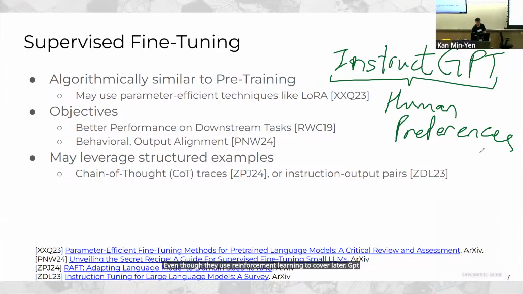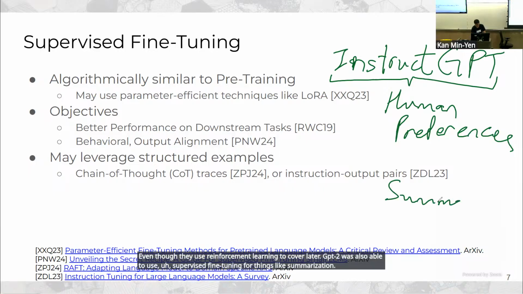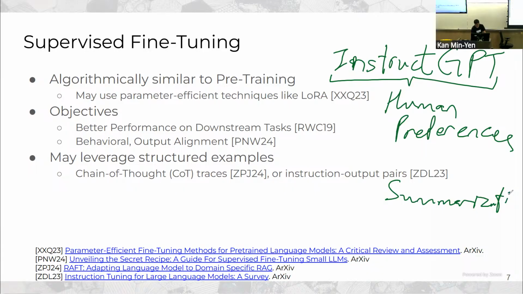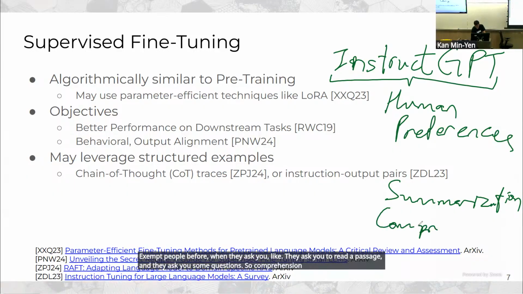GPT-2 was also able to use supervised fine-tuning for things like summarization, as well as comprehension. I believe everyone here has done comprehension exam papers before, where they ask you to read a passage and they ask you some questions. So comprehension is also one of those things that you can do.